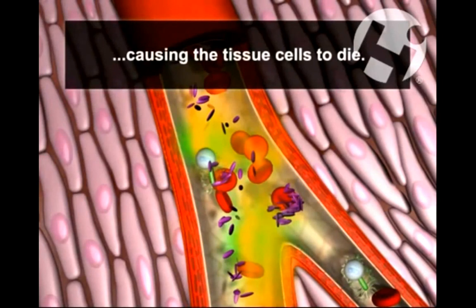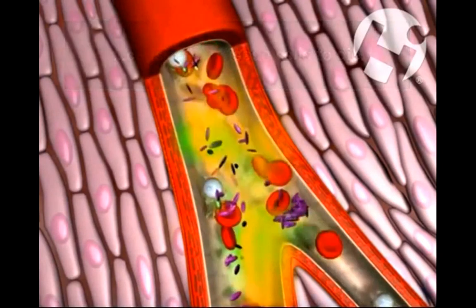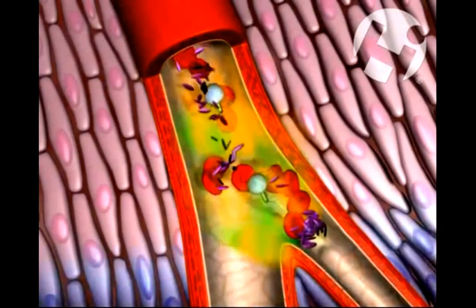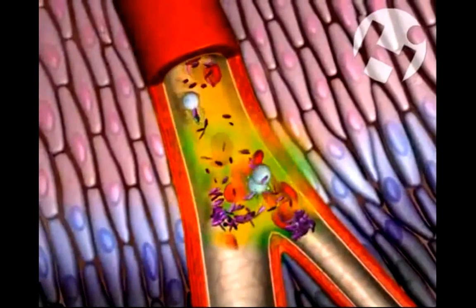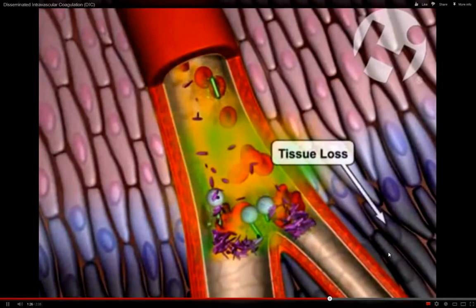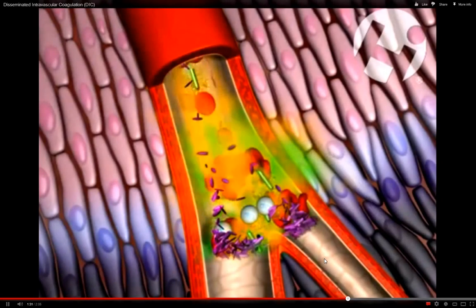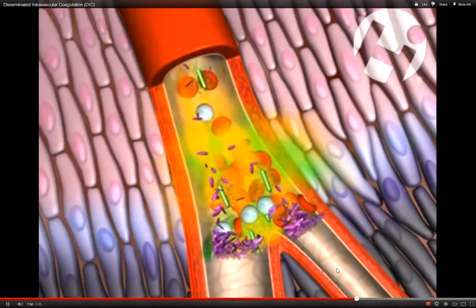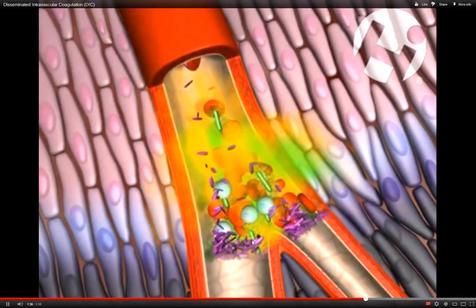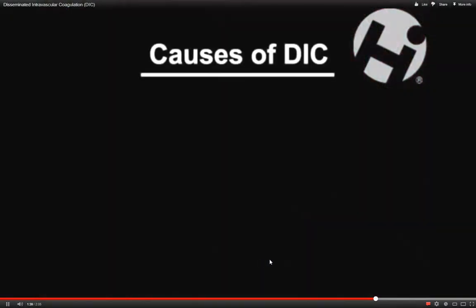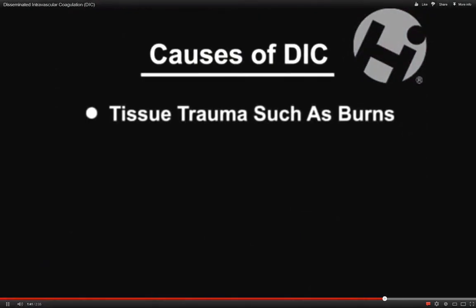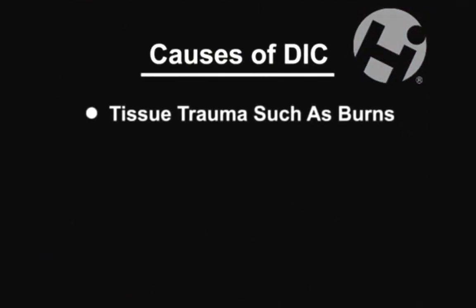So think what that would do to blood circulation. So now we've lost blood flow to this area. That would decrease or stop oxygen delivery. Look at all these platelets get used up, and when platelets get used up, fibrinogen gets used up. Sorry about that.